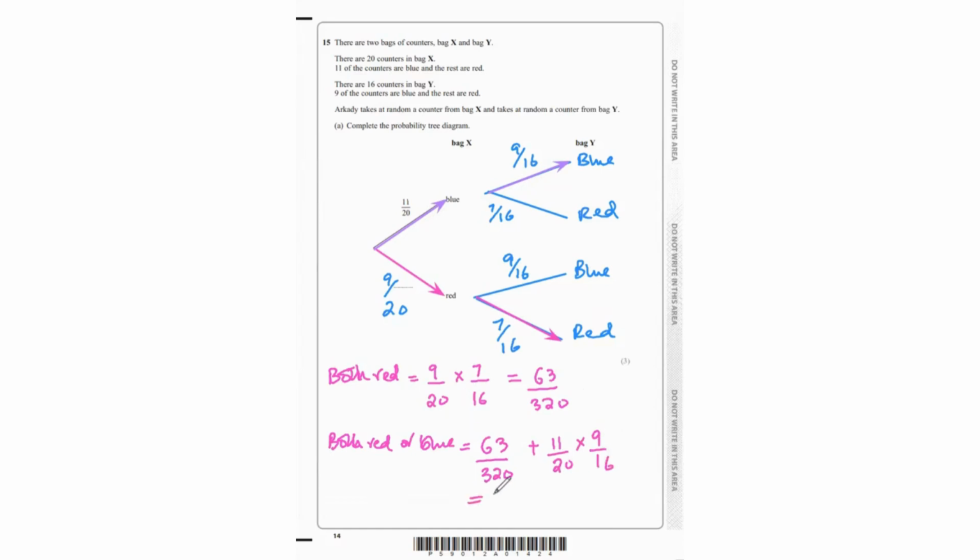So that's 63 over 320 plus 99 over 320. That's 162 over 320. That is the probability of getting both red or both blue.